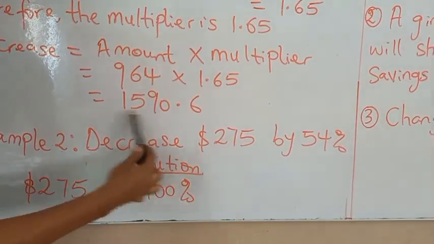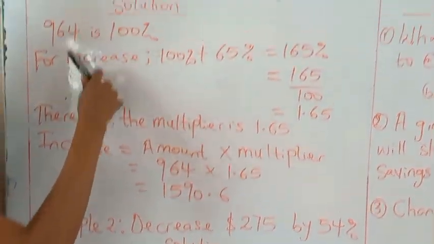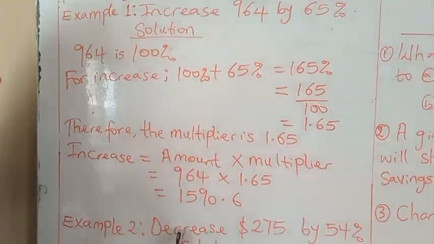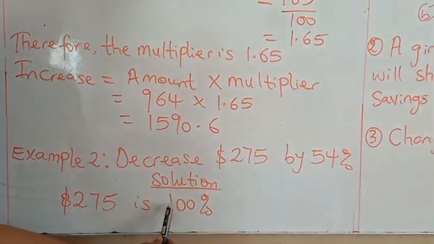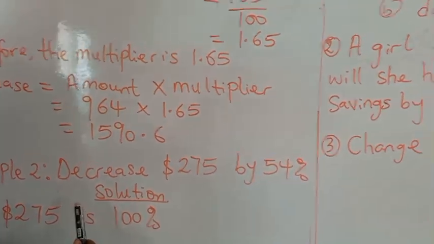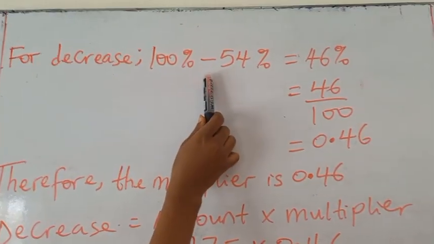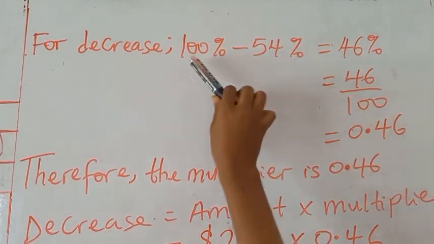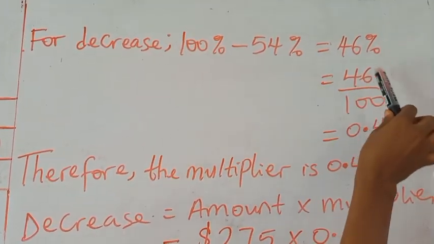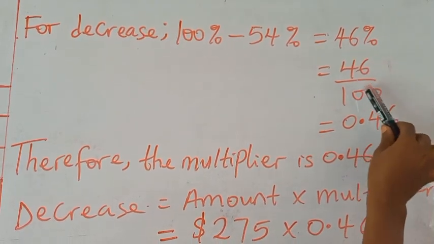Example 2. Decrease $275 by 54%. Decrease means subtract. When we talked about increase here, we added. So this is subtraction. $275 is the original amount. That is 100% of the money. Then for decrease, 100% minus the percentage we were told to use as a decrease, 54%. 100% minus 54% gives 46%. Expressed as a fraction, 46 over 100.